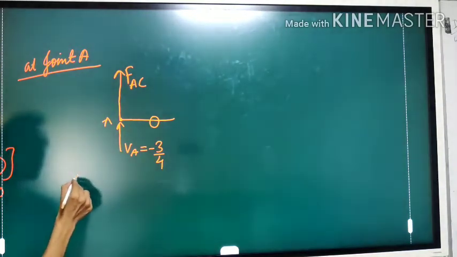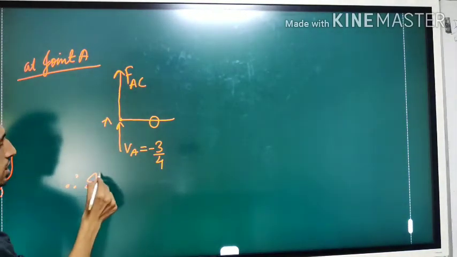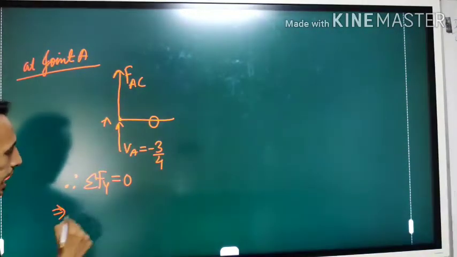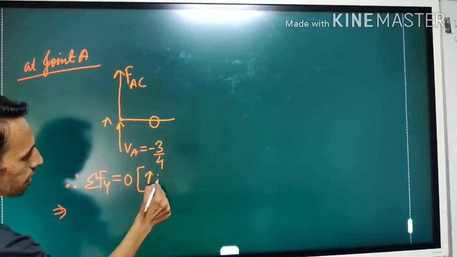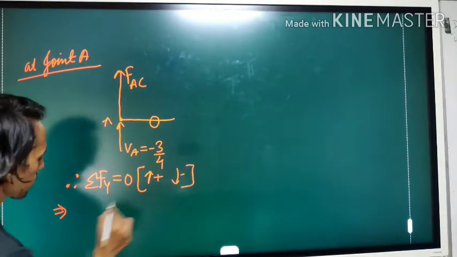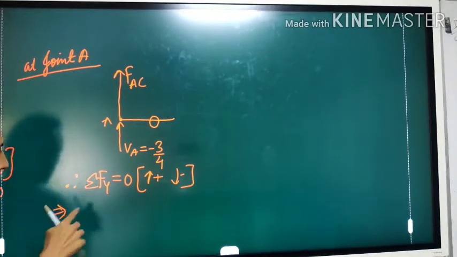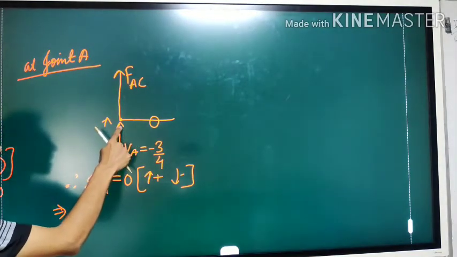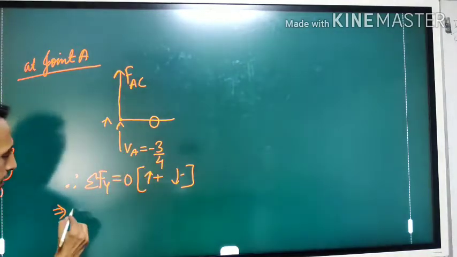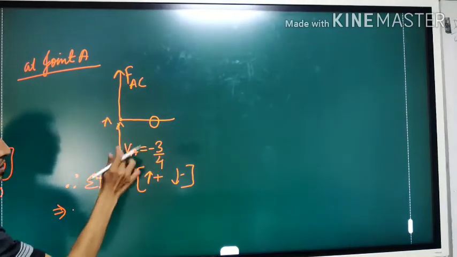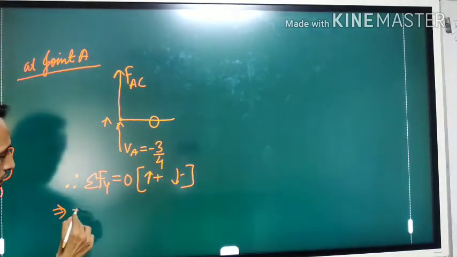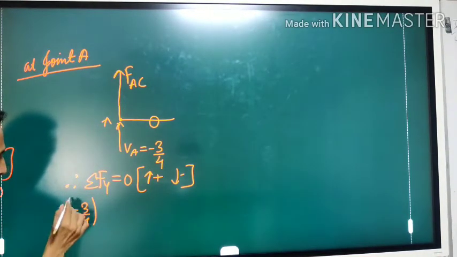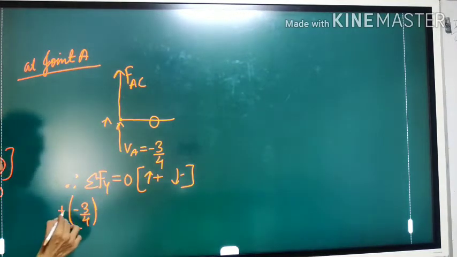Then you can find it simply. You can use this equation: summation of forces in the vertical direction is 0. Sign convention, upward positive and downward negative. So start writing the equation. The value of VA, the direction is showing upward, thus upward is positive, and its value is minus 3 by 4. So minus 3 by 4 and 3 by 4, and its direction is upward.